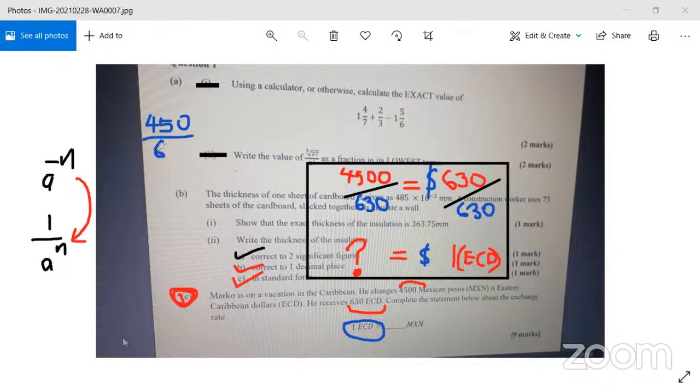If you know your prime numbers, what will we have upstairs? You'll have 9 times 5 times 10.